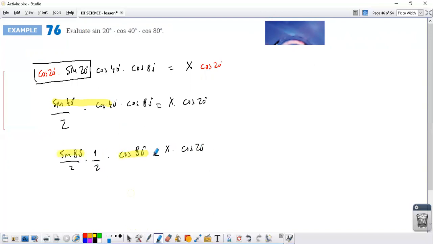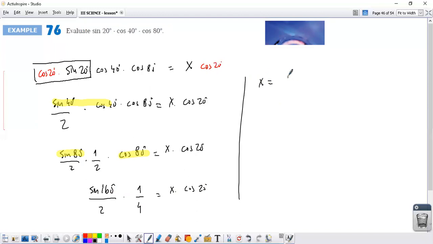For sine 80 and cosine 80, it's going to be sine 160 divided by 2 times 2, which is 4, equal to x times cosine 20 degrees. And after that, what is the measure of sine 160? Or what is the measure of cosine 20 degrees? They are equal, right? Okay. So at the end, for x we will get 1 over 8 and the tangent 20 degrees.